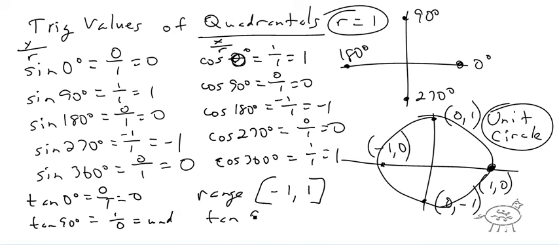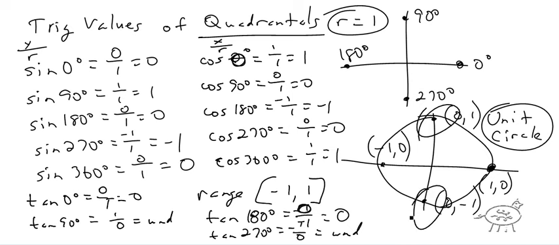Tangent of 180 degrees is 0 over negative 1, which is 0, and then tangent of 270 degrees is negative 1 over 0, which is undefined. So it's undefined on top here and the bottom here for tangent.